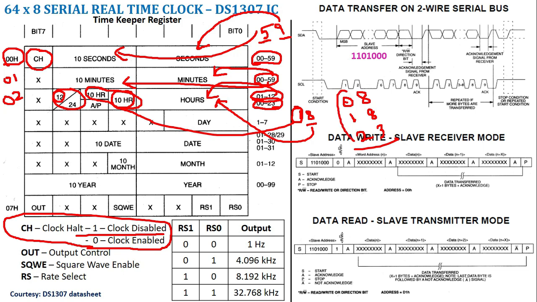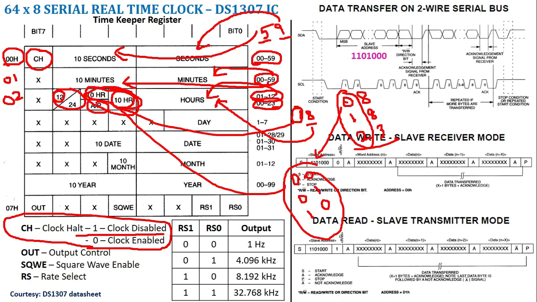This upper BCD can vary as 0, 1 and 2, which means minimum I require 2 bits. 0 will be represented by 00, 1 will be represented by 01, and 2 will be represented by 10. So I require 2 bits to store this upper value, and for that we make use of these 2 bits. In case of a 12-hour format, we also use this bit for AM or PM indication.